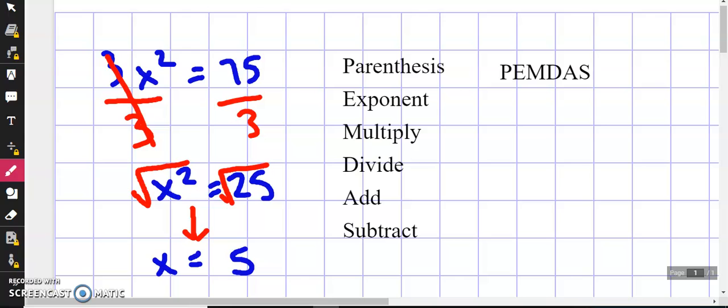When I solve an equation by taking a square root, I need to note that the answer could be positive or negative, and we do that by putting a little plus minus sign in front of our answer. So if I was asked to solve the equation 3x squared equal to 75, I would get my answer as x is equal to both positive and negative 5.